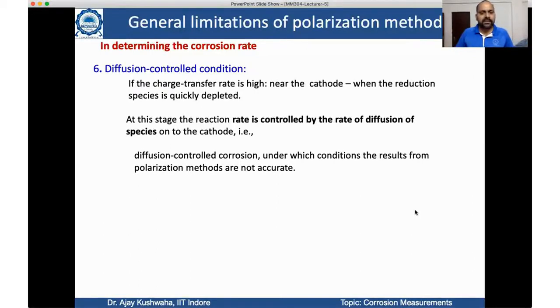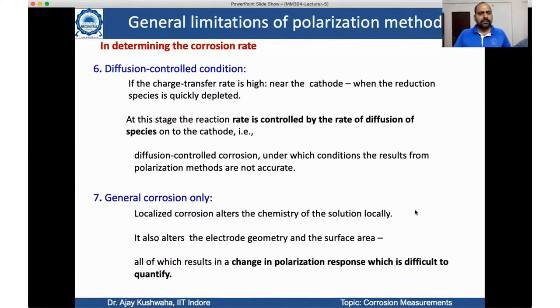If your process is diffusion control, the reaction rate is controlled by the rate of diffusion of the species, because the species has to diffuse and then reach the cathode. So under diffusion control corrosion, the results of the corrosion method are not accurate. So these were a few points.